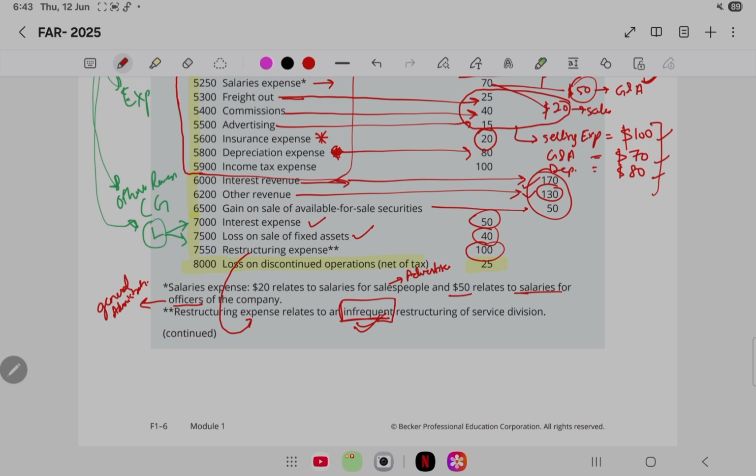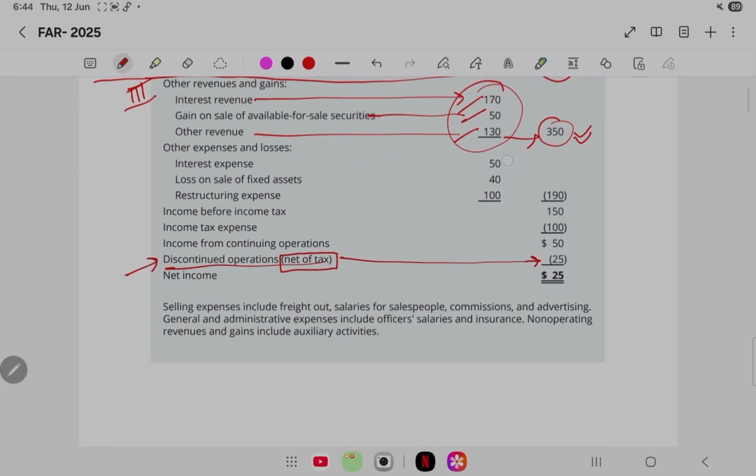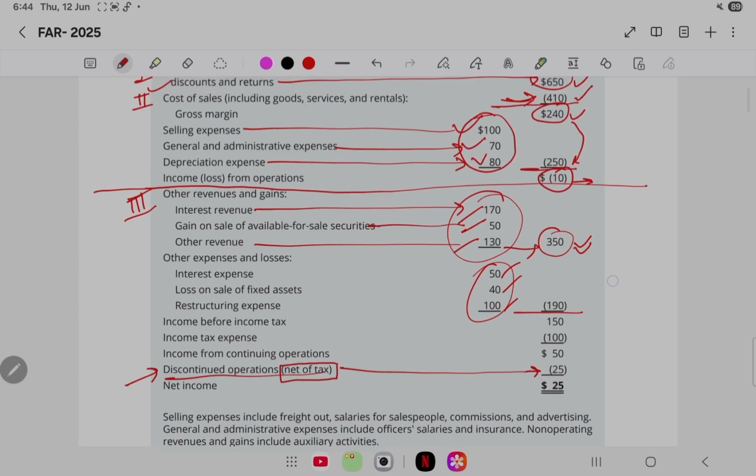We get to know that it is a non-operating item from this word infrequent. So 50, 40, 100. This is the expenses. This is the income or loss from the operating, and this is income from non-operating.